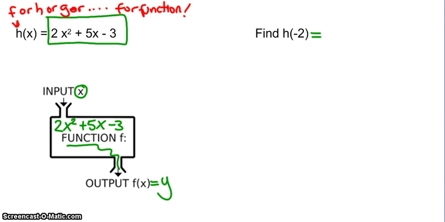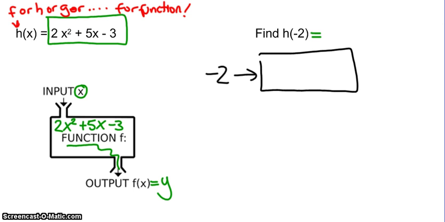h of -2, what will that mean? I will take -2 as my input. I'm going to put that into my function, which is my h function, which tells me to do the following. 2x squared plus 5x minus 3, and we're going to figure out what our output will be.